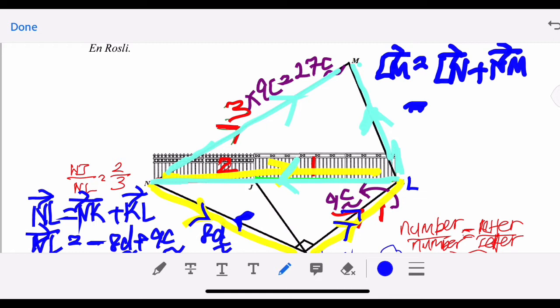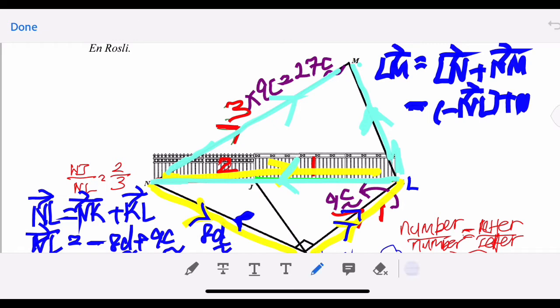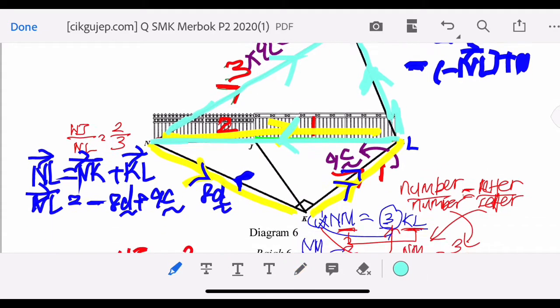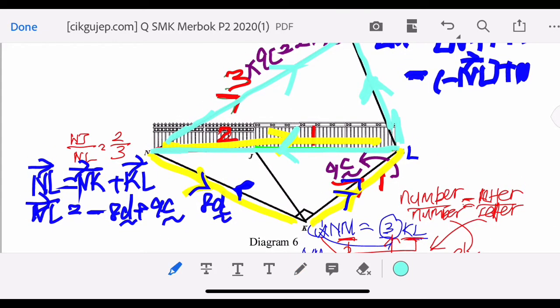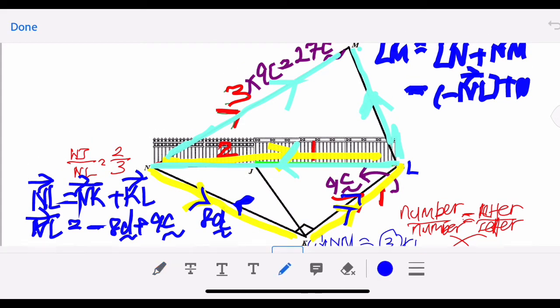So now we are going to plug in the vector. Just now we got NL, so you have to know that NL is actually opposite direction to LN, so it's a negative vector, right? So we refer to the answer just now, but we have to make it negative so that we can substitute into the LN. Okay, so now let's make it positive.